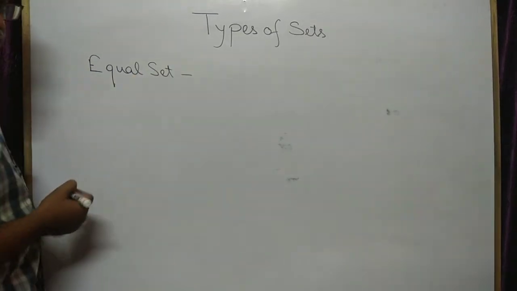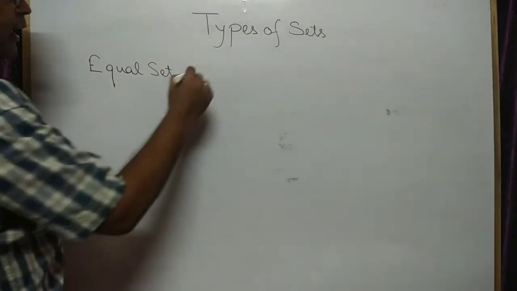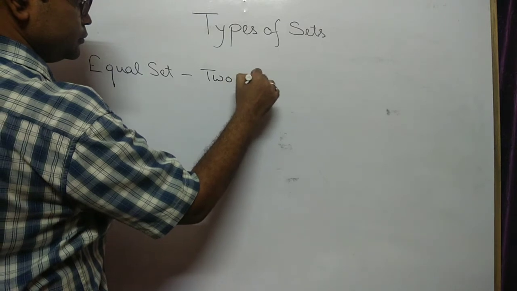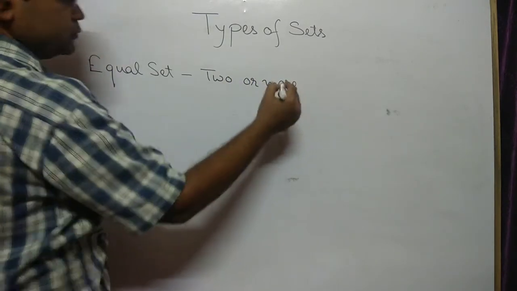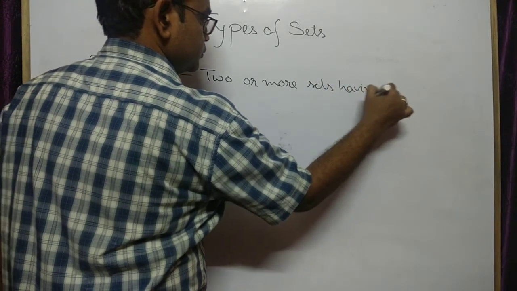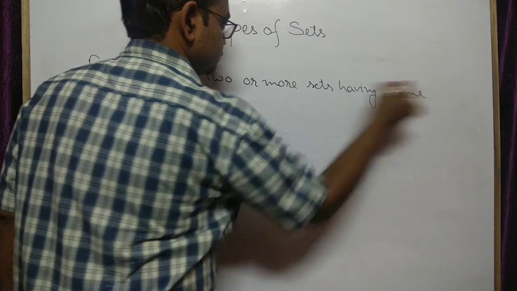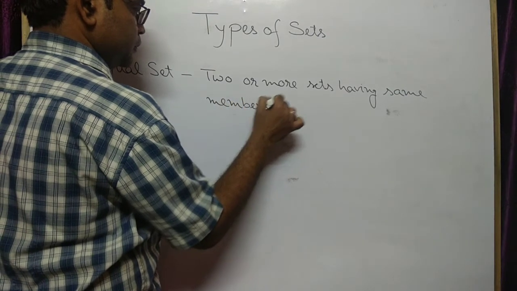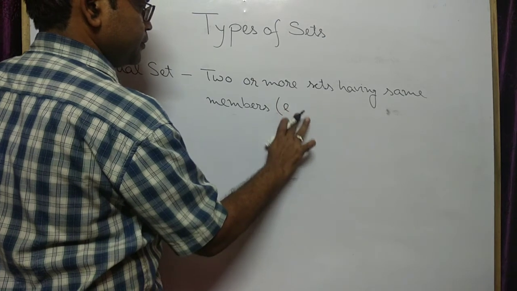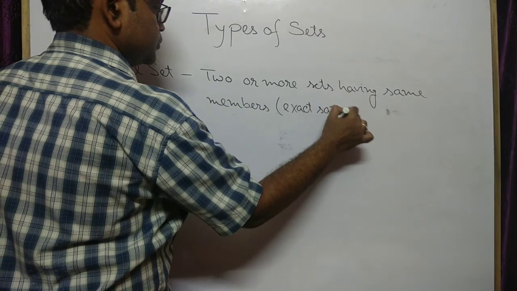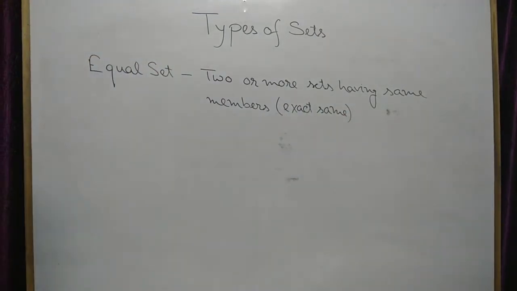If two or more sets have exactly the same members only, this type of set is known as your equal set.